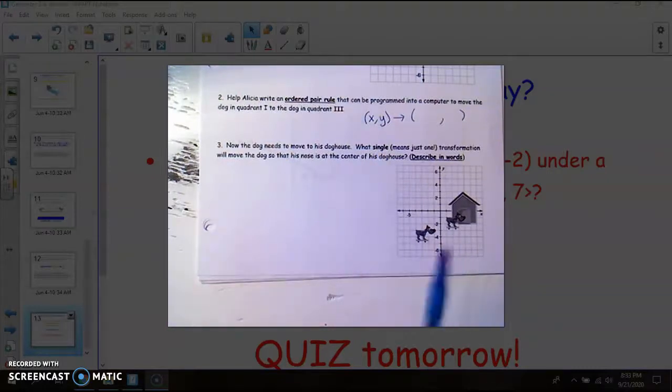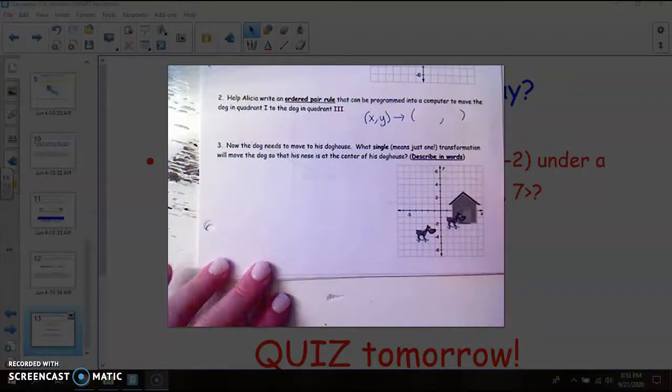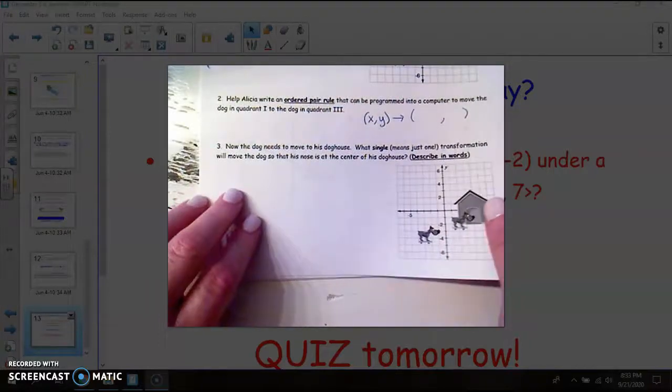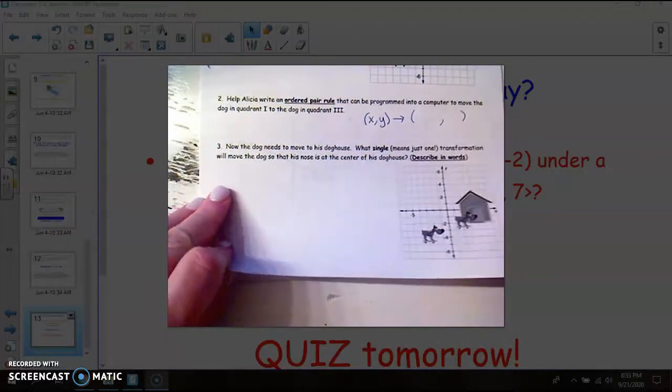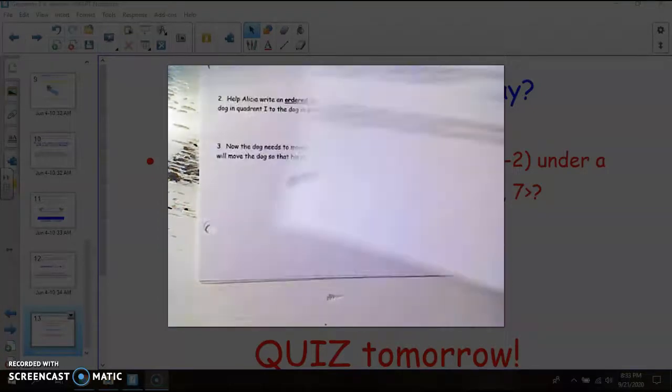So only a rotation or only a reflection or only a translation. Only one. And describing it in words. So be specific. Remember, if you say reflection, what line are you reflecting over? If you say rotation, how many degrees, what direction, what point are you going around? If it's a translation, what direction or directions are you going and how many units?